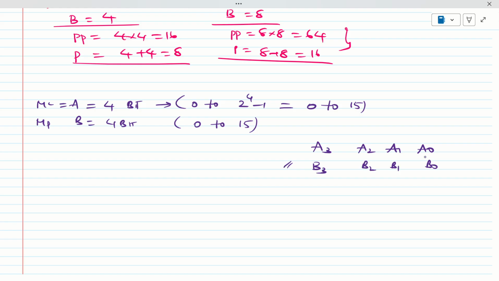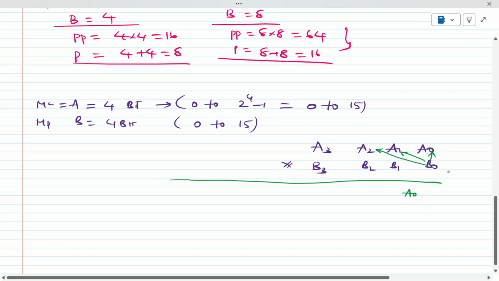So you can multiply these two terms, A and B, multiplicand and multiplier. How many first products are there? See the procedure is, A0 is multiplied with B0. Again, B0 is multiplied with A1. Again, B0 is multiplied with A2, right? The first one is A0, B0.